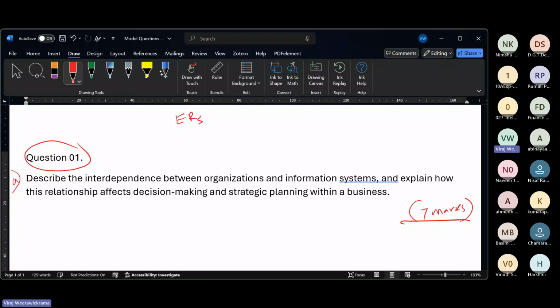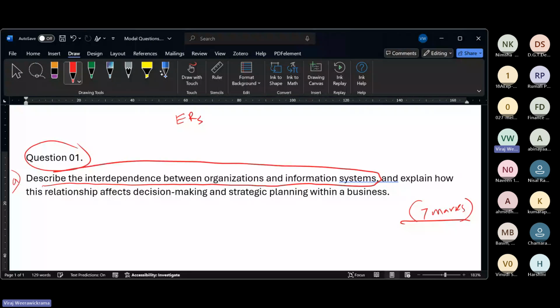It seems there is just one question, but you have to understand this is not only one question. In the one question, they are asking 2 aspects. For example, here: describe the interdependence between organizations and information systems.